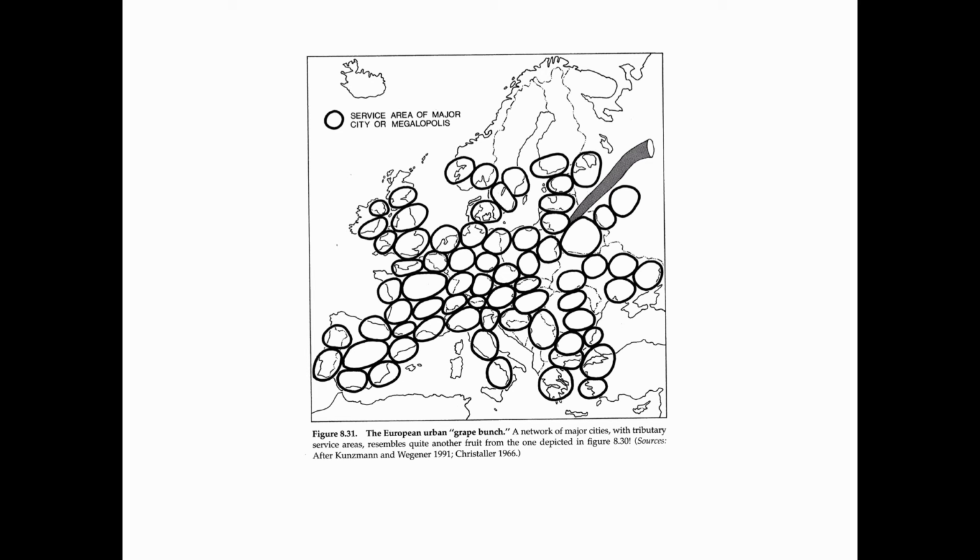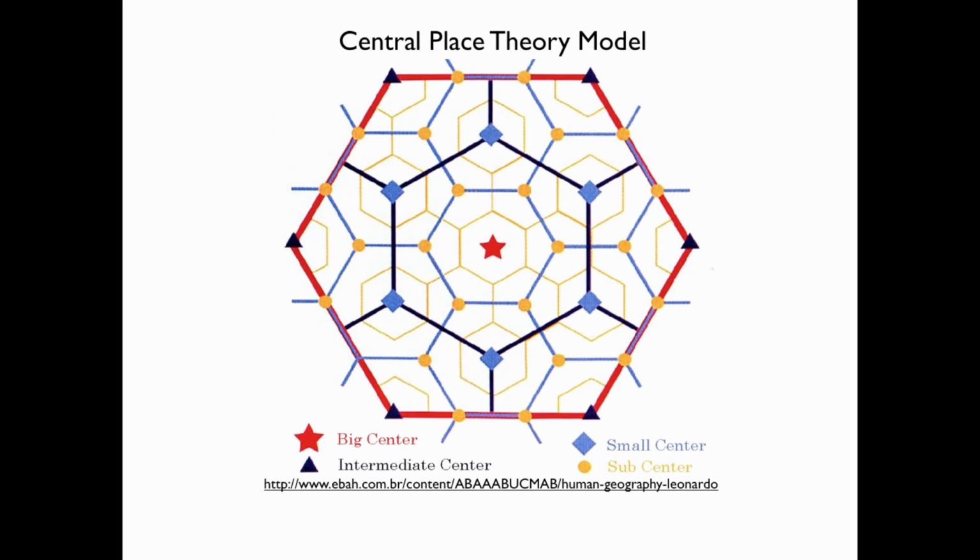Another way to look at this is as service areas of large metropolitan areas. In this case, it looks kind of like a bunch of grapes. Each of these circles represents a single large metropolitan area, and you'll notice that they all tend to be about the same size. Now, the reason for this has to do with something called central place theory.